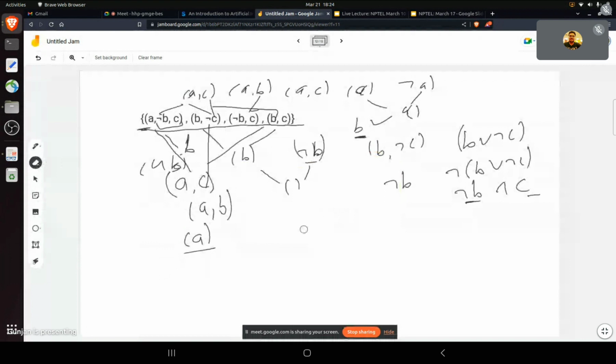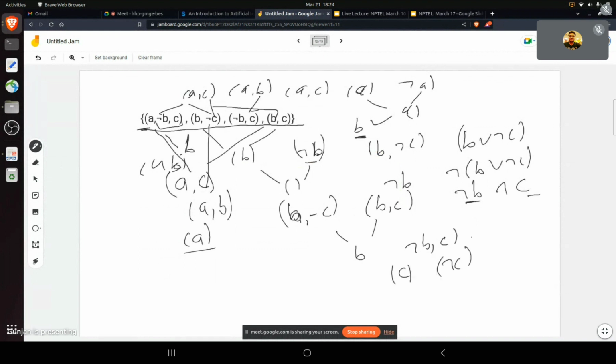No, no, see, what I am saying is that if you do B comma not C, and you take B comma C, then you will get B, right? And from B and not B comma C, you will get C. And if you got C and you take it with negation C, you will get an empty set. So you can prove C from this set of clauses. Hence, C entails this thing. Now, what were you saying?